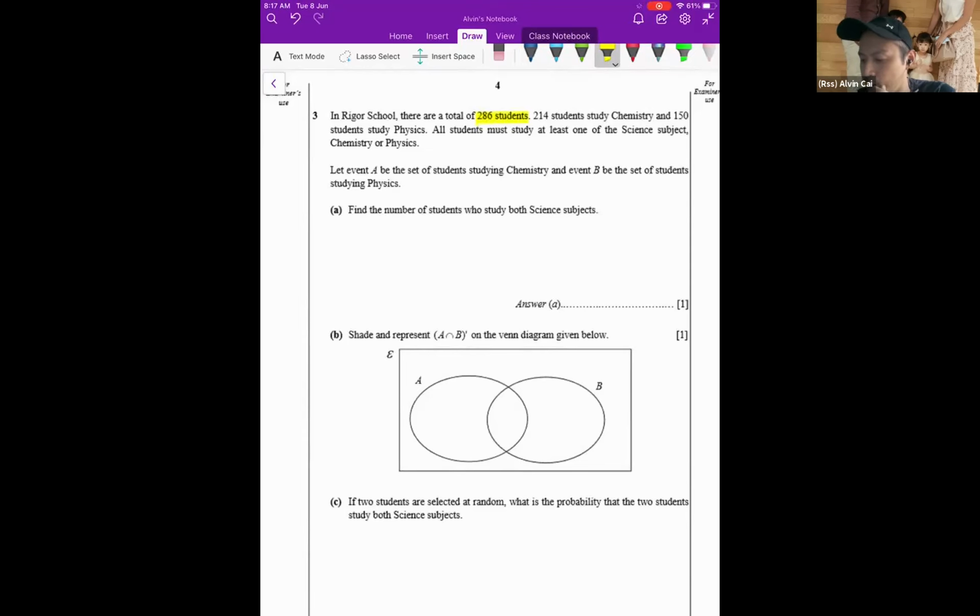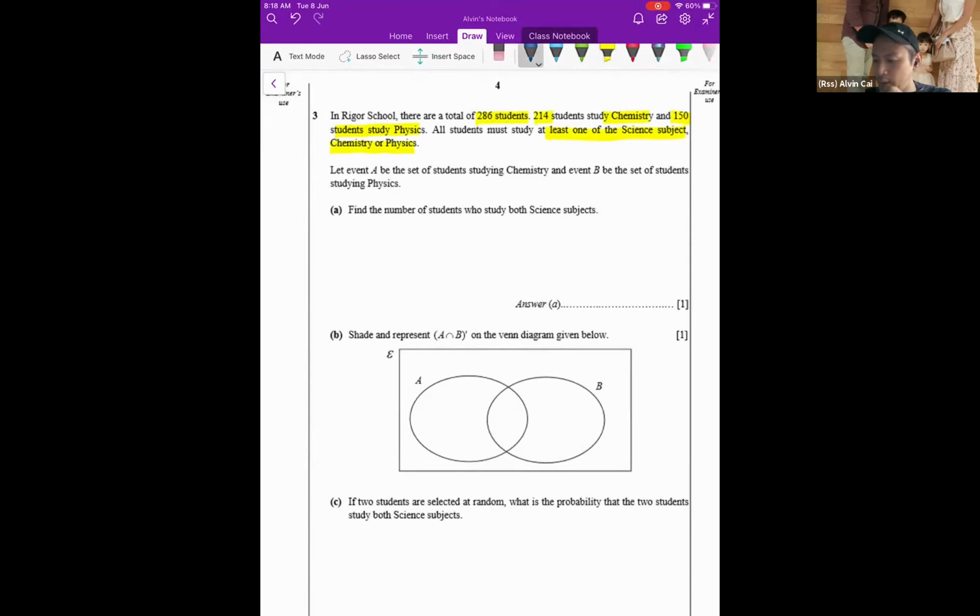Okay, total there will be 286 students, 214 study chemistry, 150 study physics, and all students study at least one of the science subjects, chemistry or physics.